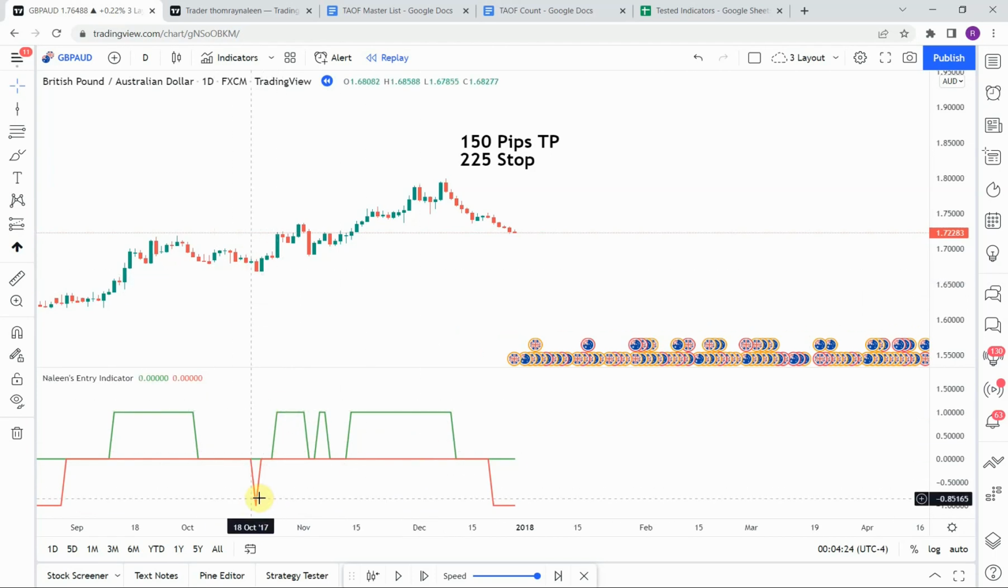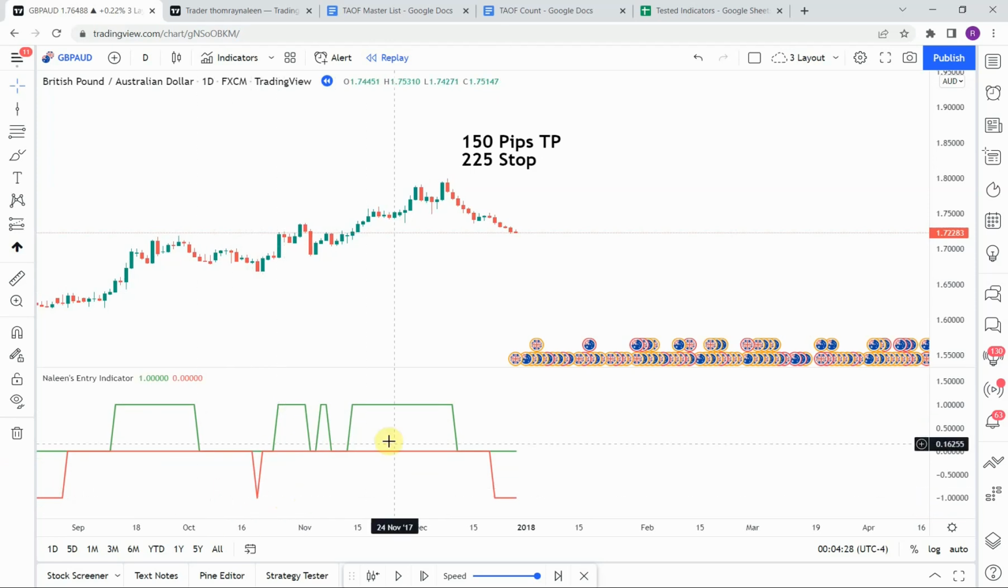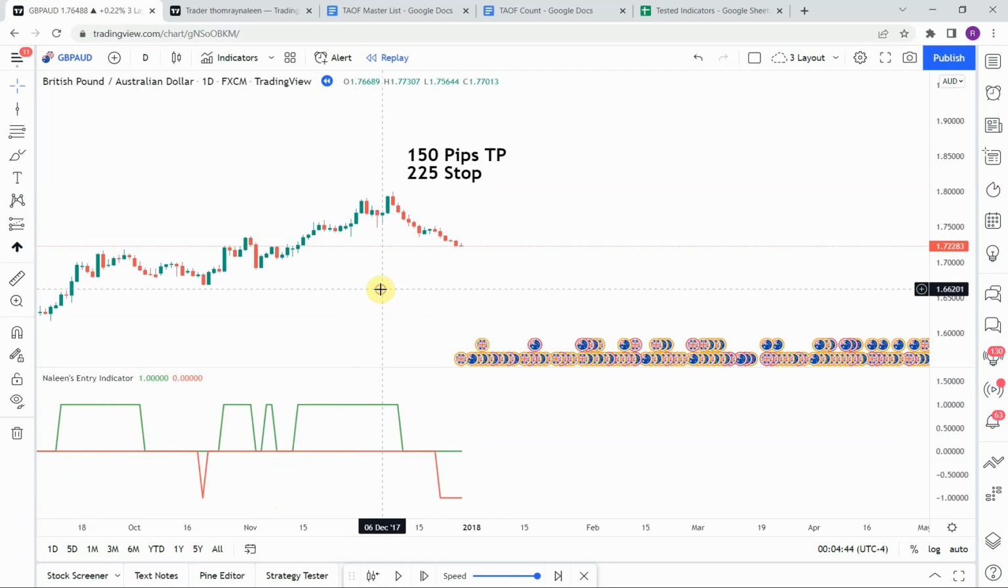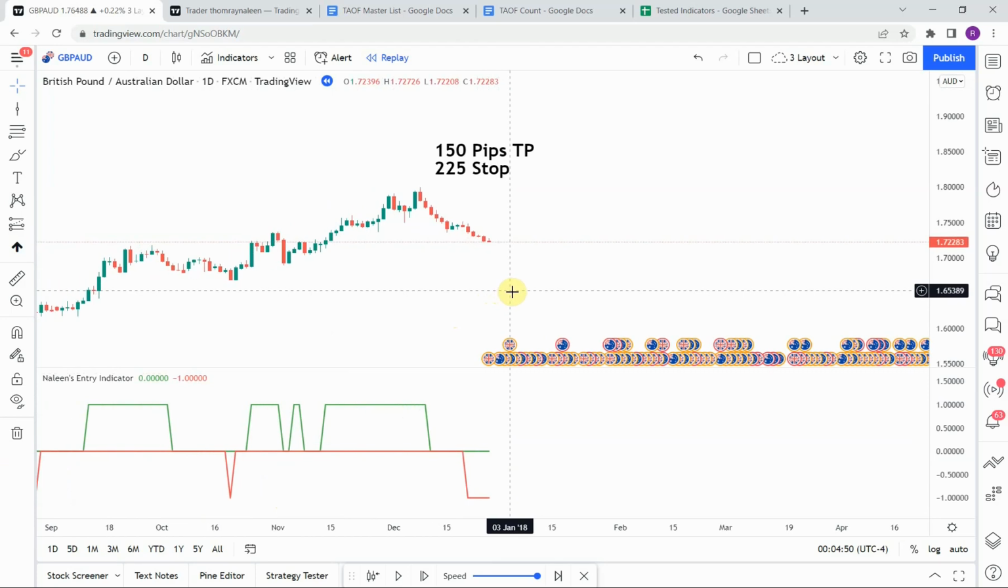When we get a red spike to the downside, then we are going to go short. As well as that, anytime we get a rebound where it goes flatlined and then spikes back in the same direction, that will also be another valid entry. That's how we're going to test it today. Let's go ahead and get on with the testing and see what we can get out of it.